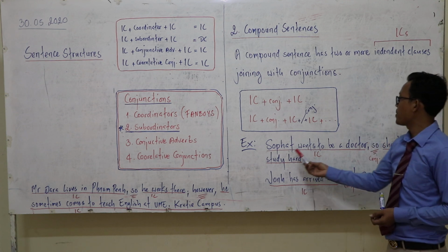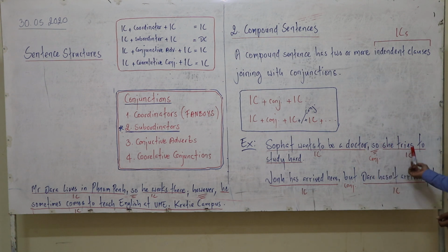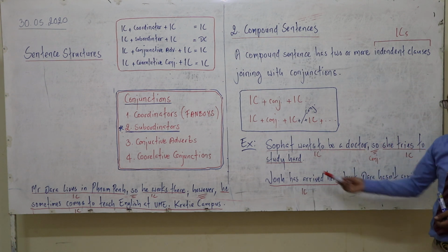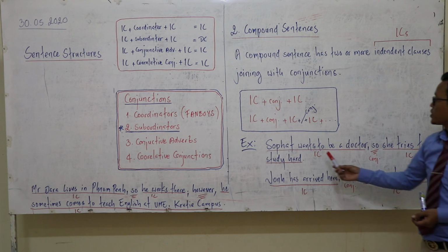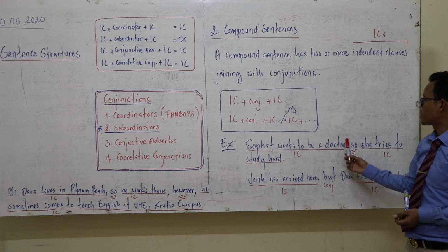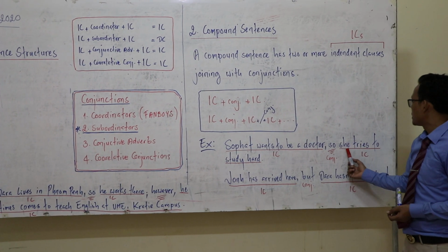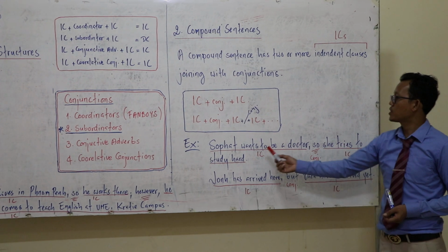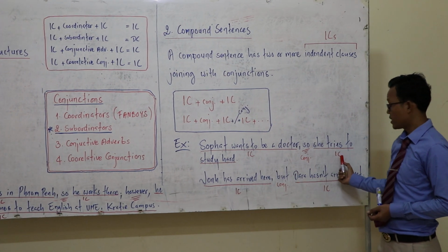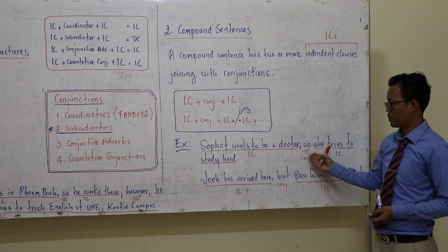For example, Pat wants to be a doctor, so she tries to study hard. This one is an IC. Pat wants to be a doctor, one IC, and another one, she tries to study hard, another IC. But we combine with the conjunction so.